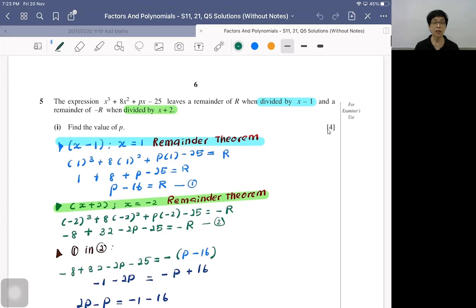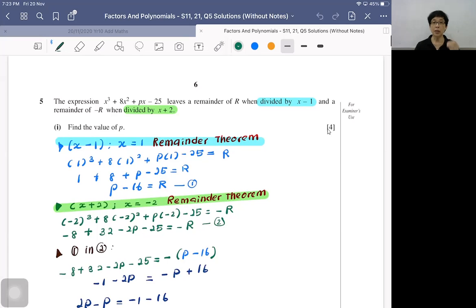The factor theorem tells us that the polynomial given to us may have a factor, and the factor is always a binomial. For example, it can be given as x plus 5, or 2x minus 3, and so on. Those are the factors.